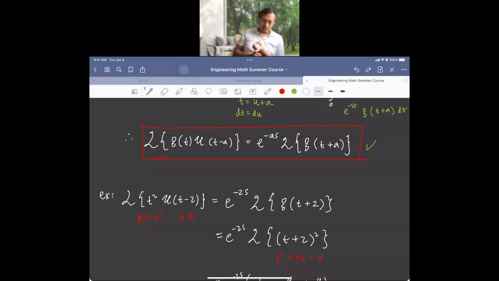My assumption for your study and learning of this Laplace is that the very beginning, the Laplace and its inverse, is very easy to comprehend, right? It's not too difficult, although you need to be familiar with what Laplace is.